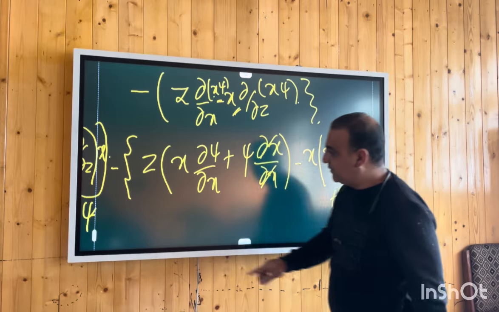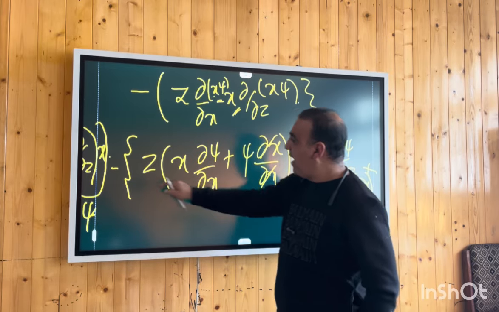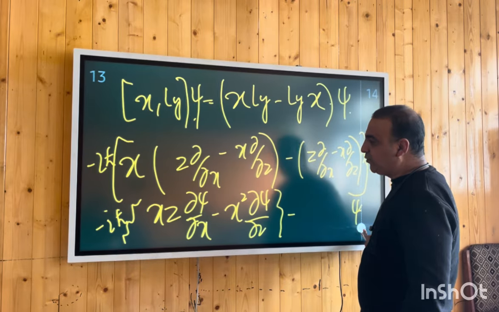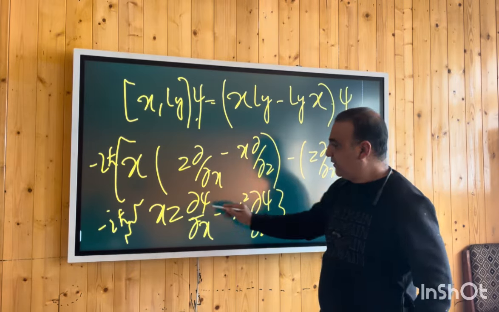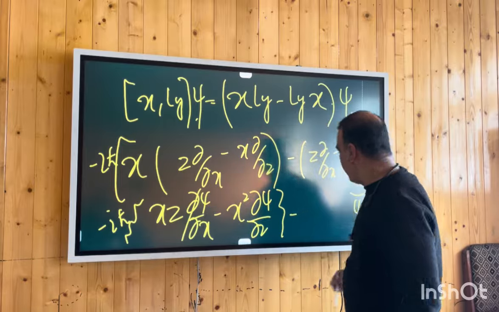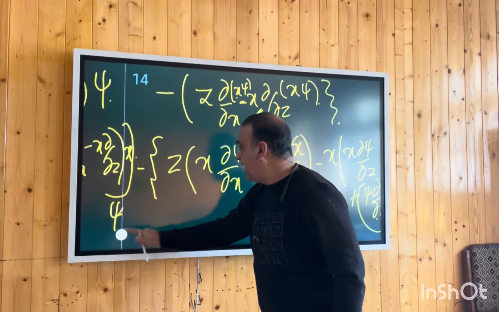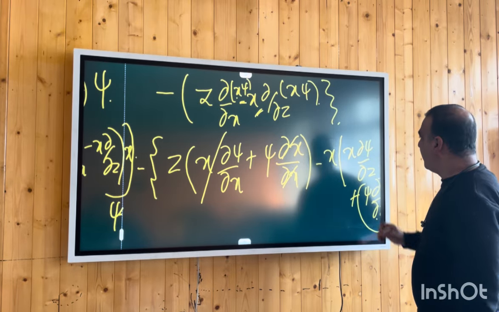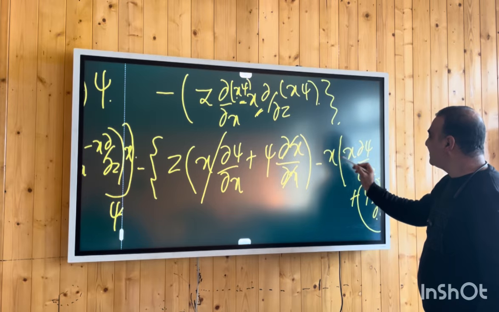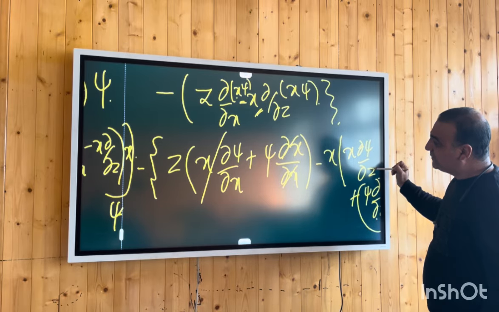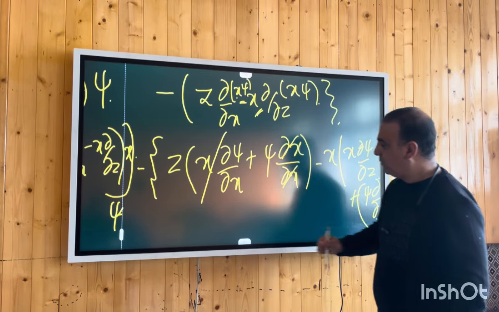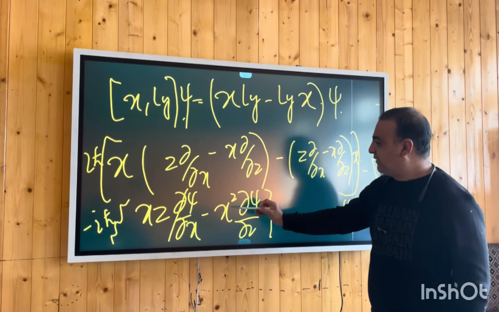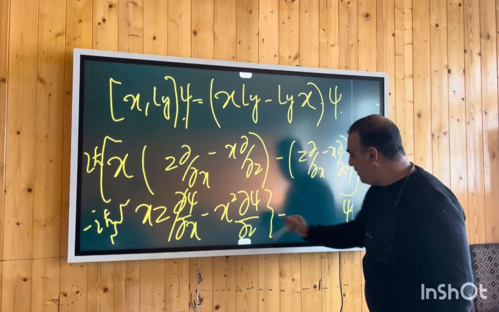Now let us see what cancels. What I have here is minus zx ∂psi/∂x. You check it on your copy, minus x ∂psi/∂x. This term and this term will go. Now you see here, I have minus x squared ∂psi/∂z.